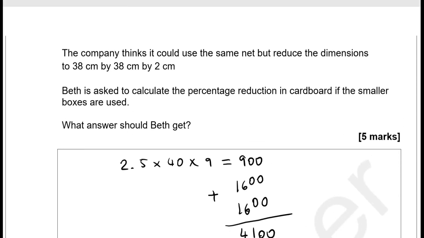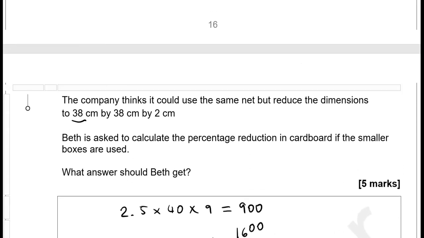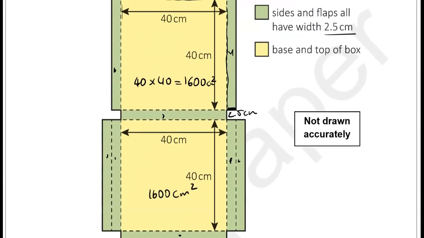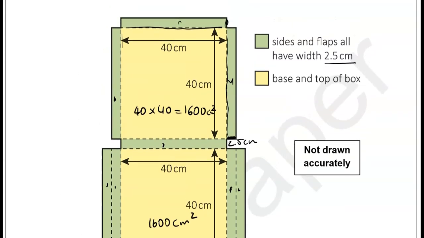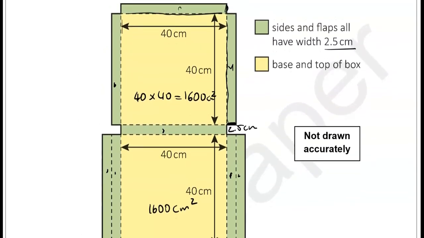Now let's look at the new dimensions. Got 38 by 38 by 2 centimeters. So we're going to replace the 40 by 38 and the 2.5 by 2. So for the squares, we're going to do 38 times 38, and it's 2 of them, and that is 2,888.